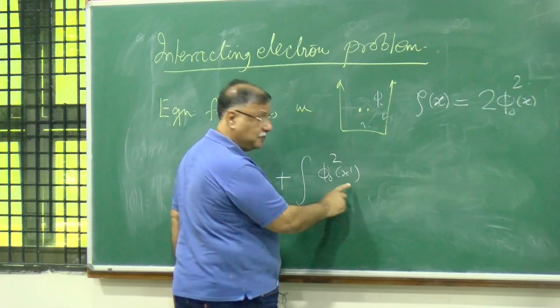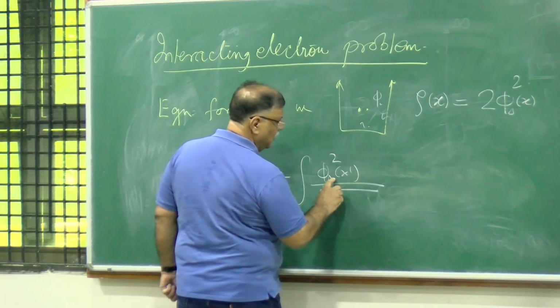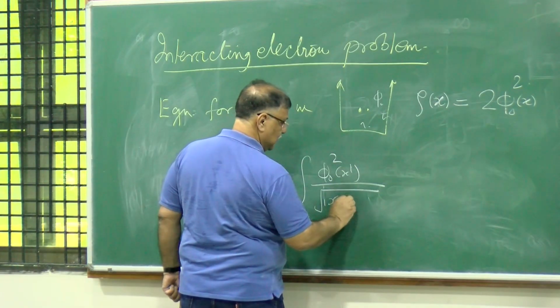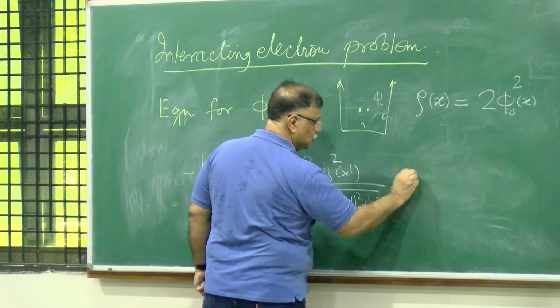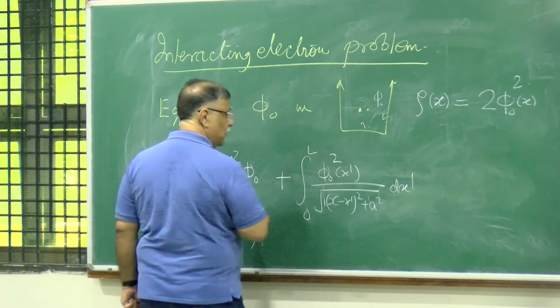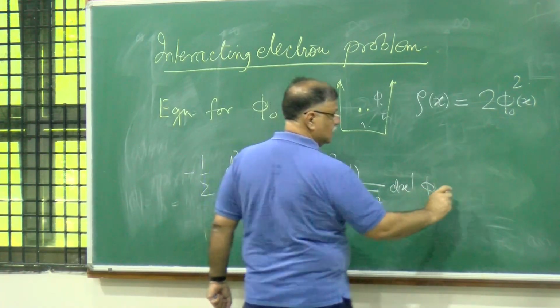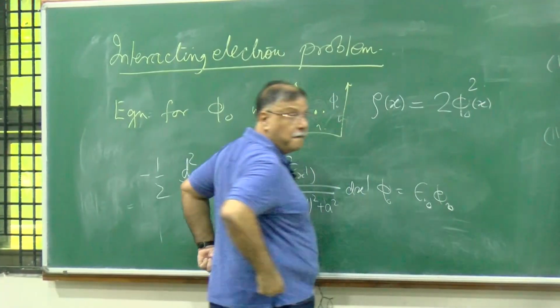And that's very easy to see because one electron interacting with the other. That's it. So x prime, x minus x prime square plus a square dx prime obviously will go from 0 to L, right? Phi naught equals epsilon 0, phi 0.